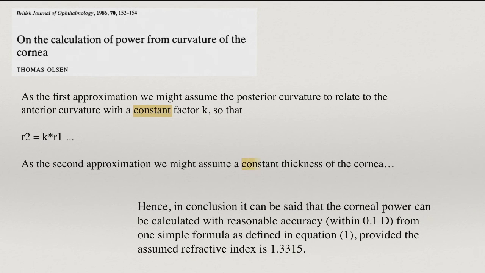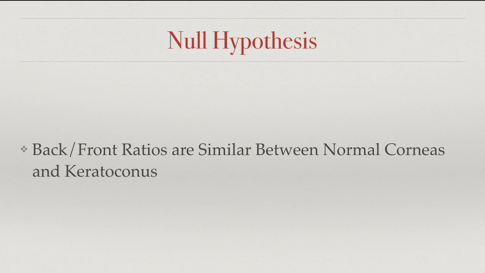The second is that this relation is constant, and the cornea has a constant thickness. With these assumptions, we have very good accuracy in determining the total corneal power, measuring only the front surface of the cornea. In this work, however, we challenge both of those assumptions.